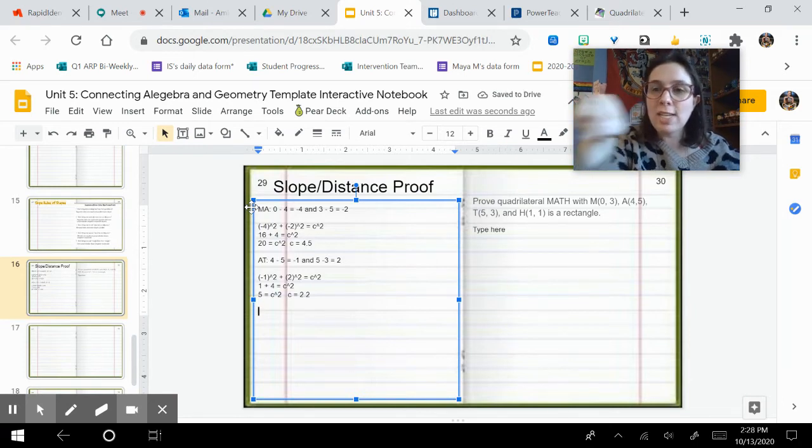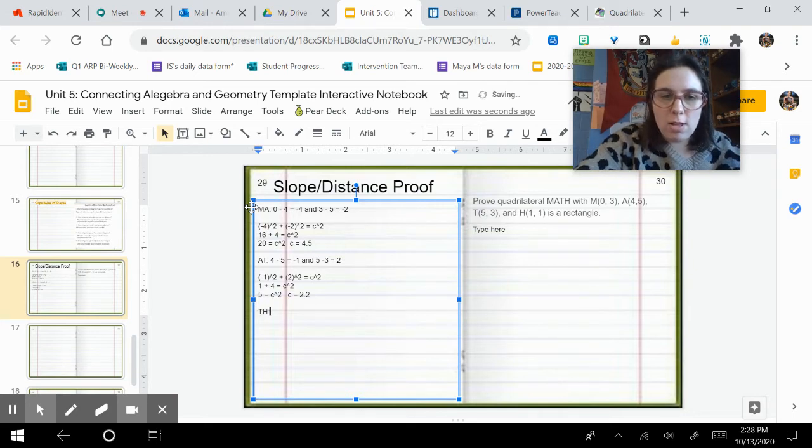So I've done MA, AT. Now I need to do TH. So 5 minus 1 is 4, and 3 minus 1 is 2. I have 4 and 2 like when I did MA, so this should be the same. So 4 squared plus 2 squared equals c squared.